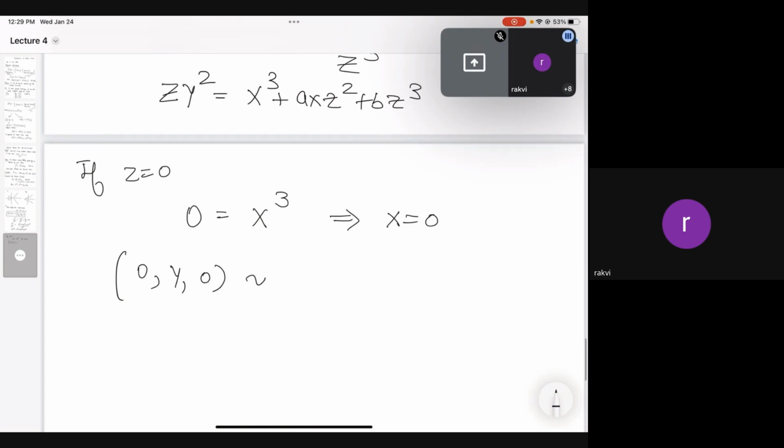Any point of this form can be identified with 0, 1, 0, because remember, y cannot be 0, since I want at least one coordinate to be non-zero. So all these points can be identified simply with 0, 1, 0. This has a name. This is called the point at infinity.